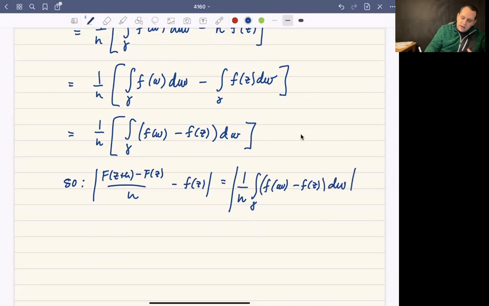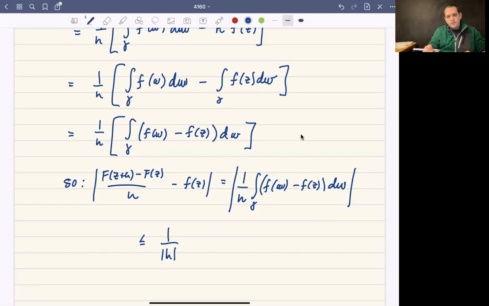dw. And then we can apply a few things. First of all, we can take the modulus of h outside the integral with no problem, so nothing really interesting there. Then we can move the modulus inside the integral at the cost of making that a less than or equal to.